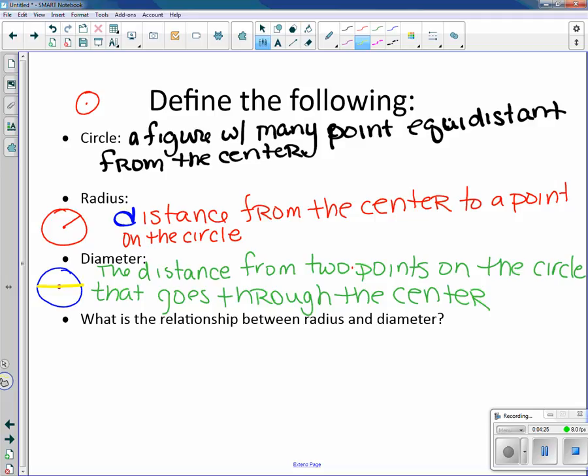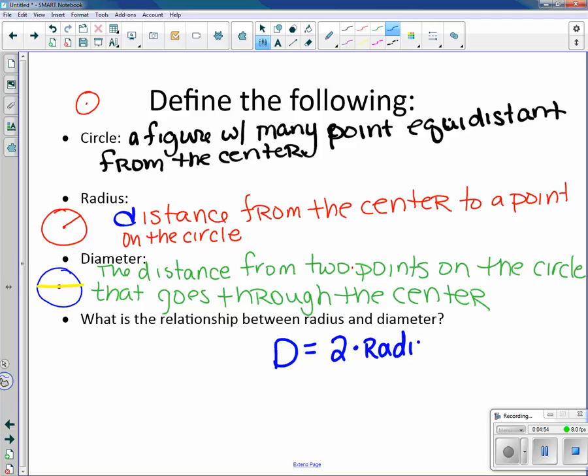Now, what is the relationship between the radius and the diameter? They're both inside the circle, but when I say relationship, I'm talking about the length. Okay? So the diameter is equal to 2 times the radius.